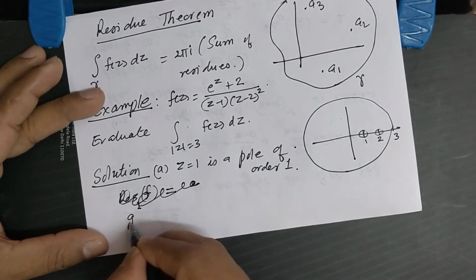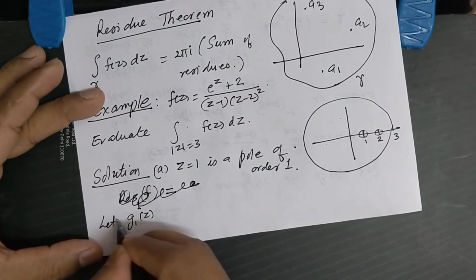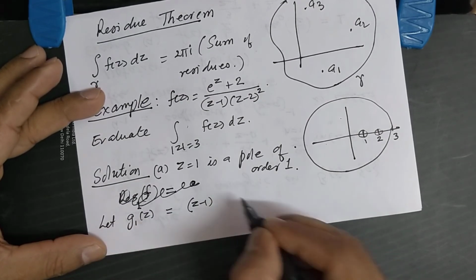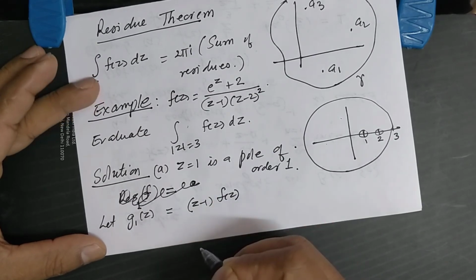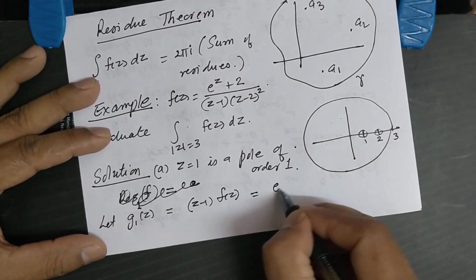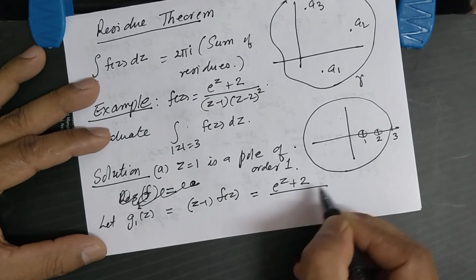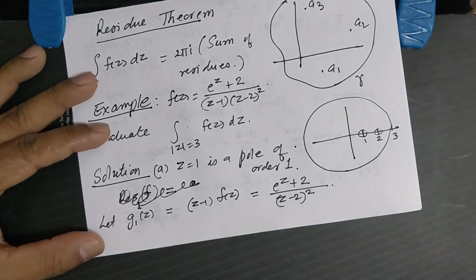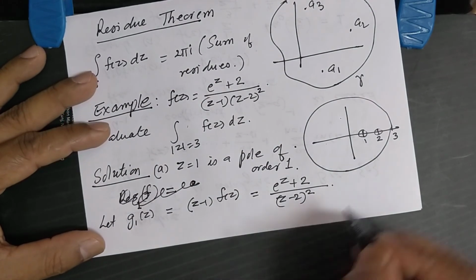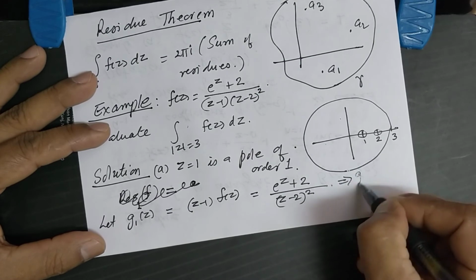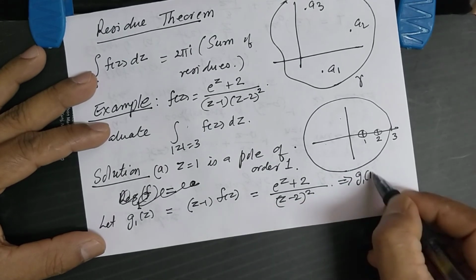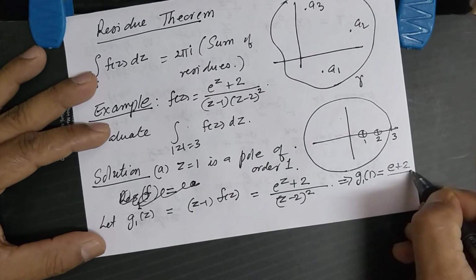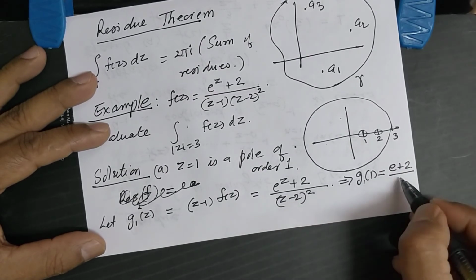Let g1 of z be equal to z minus 1, order 1, so the power is 1, into f of z. So this is e raised to z plus 2 divided by z minus 2 square. And this implies that g1 at 1 is equal to, put z equal to 1 here, e plus 2 divided by 1 minus 2 is minus 1 square, which is 1.